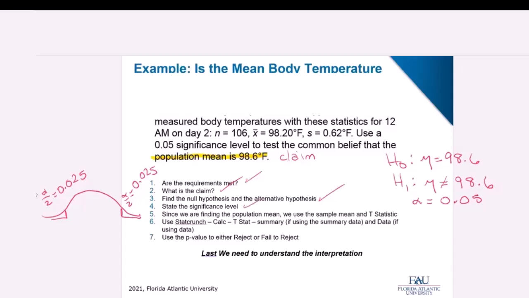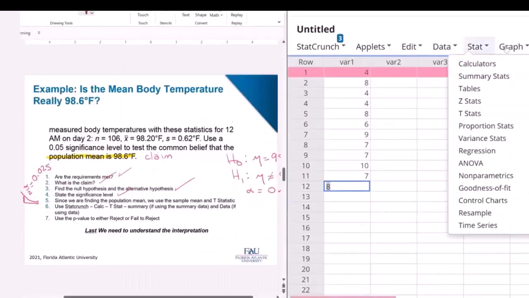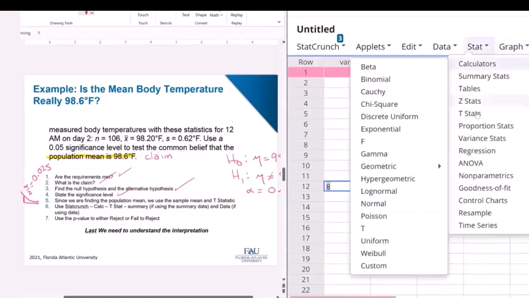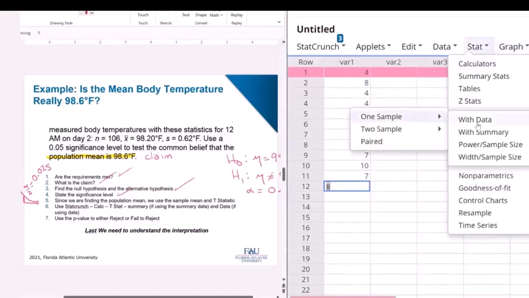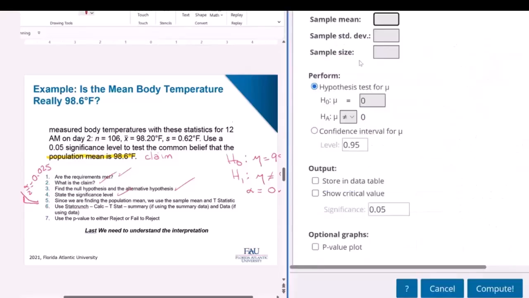We've met the requirements, we found the claim, we found the null and alternative hypothesis, we stated the significance level. Since we are finding the population mean, we use the sample mean and t-statistic. We can't use the z-score because we're using samples. We have to use our t-statistic. We're going to go to stat, t-stat, one sample with summary. Our sample mean is 98.2.